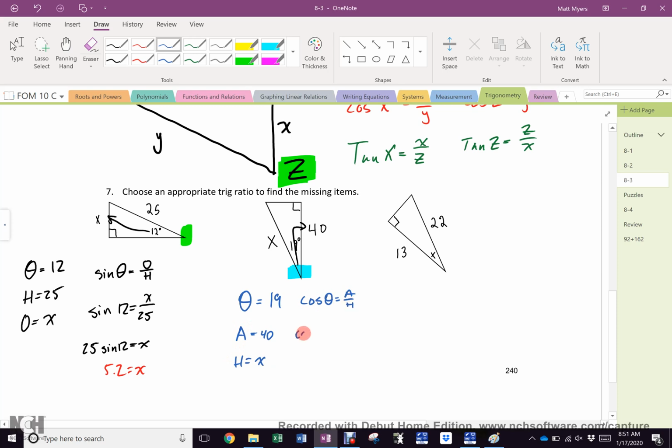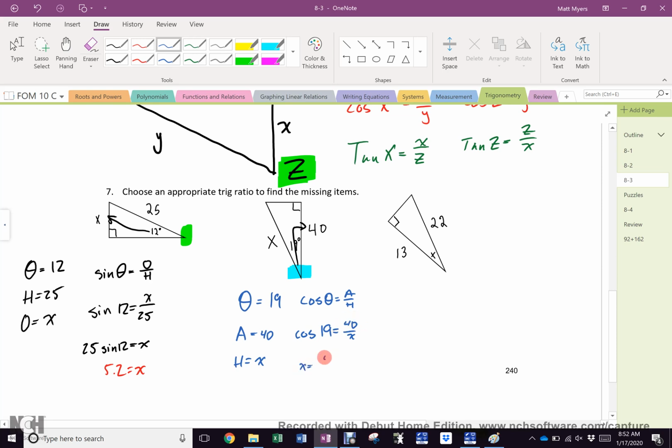Fill in the numbers. Cosine of what? 19 equals what? 40 over X. Now, you're intelligent young people. Yesterday we did this algebra the long way. I'm doing the shortcut today.